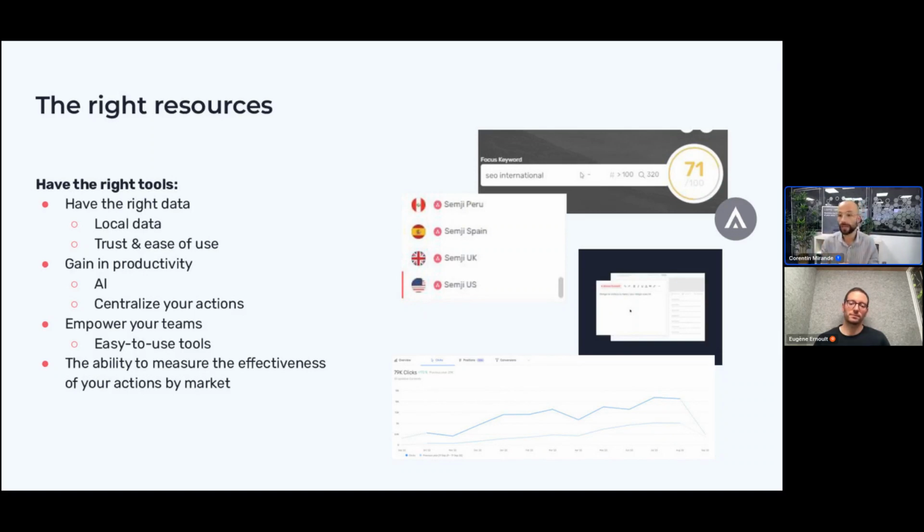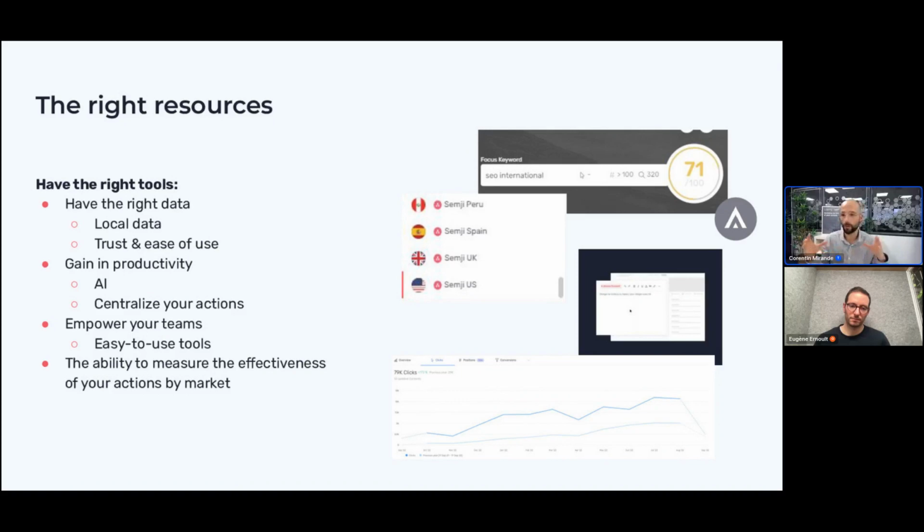You need to gain productivity, because when you have multiple websites, multiple strategies at the same time, you will have so many things to do in one day. So you won't be able to do everything by hand. So AI is a good thing to use. In Semji, you find some productivity AI-related features, for example, but you can do lots of things in Semji and in other tools.